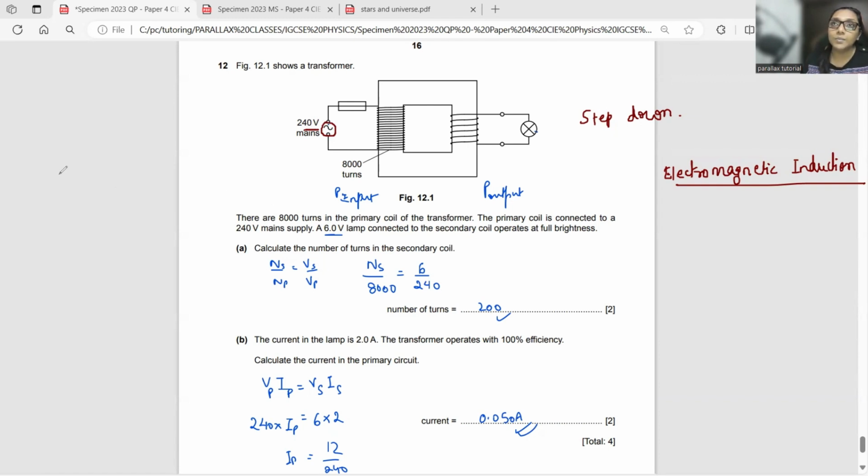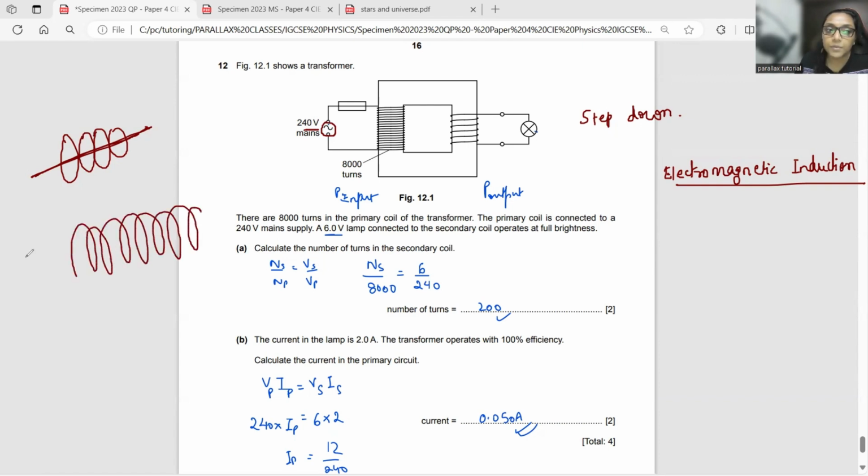Now we know that whenever there is electricity passing through a coil or through a wire, there is a magnetic field around it, correct? Now this is a coil which is in the form of a solenoid. So the lines of magnetic force will be through it like this, right?